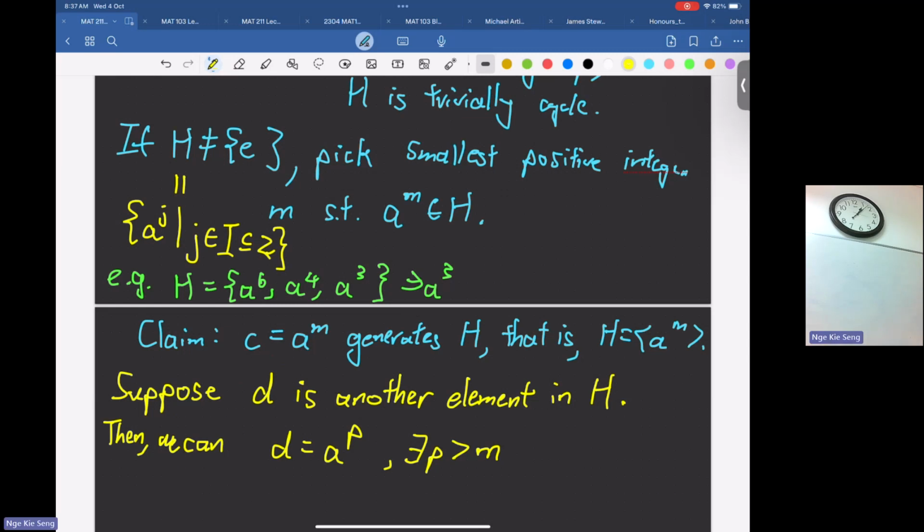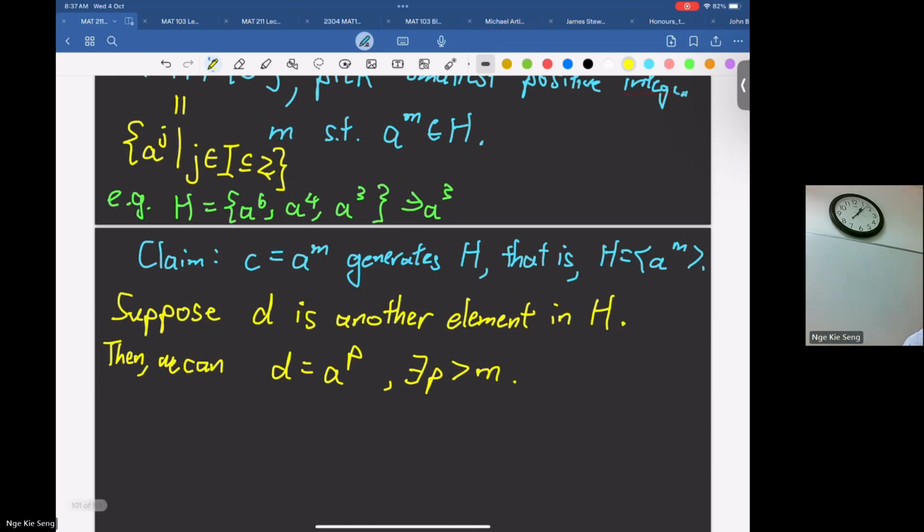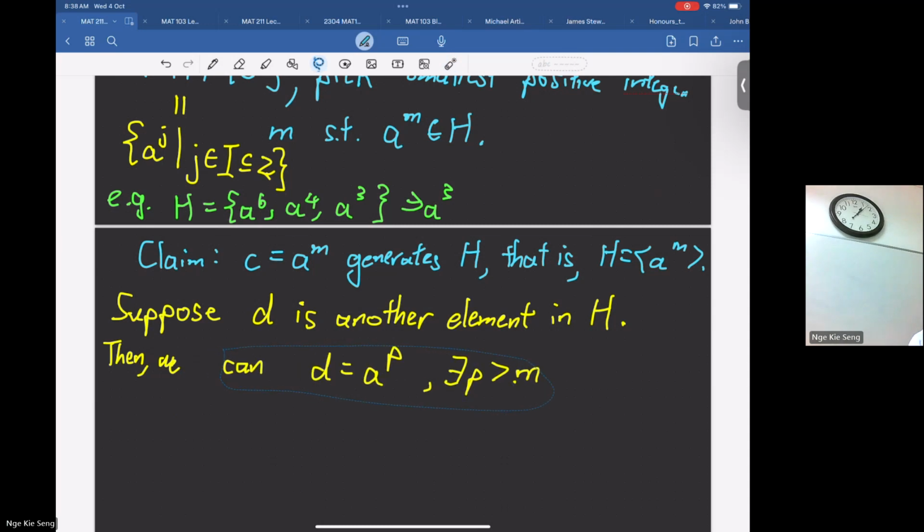Because I already picked the smallest guy out, all the rest should be larger than this guy. Make sense? So let's check whether we can split AP into AM or not. Let's split AP into AM. How should we do it? Let's see how many AM are in P.